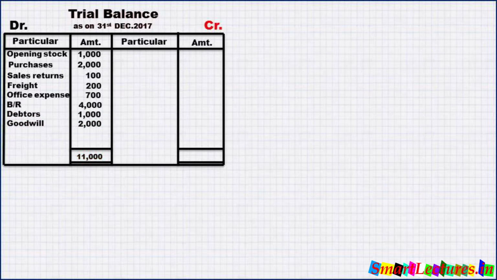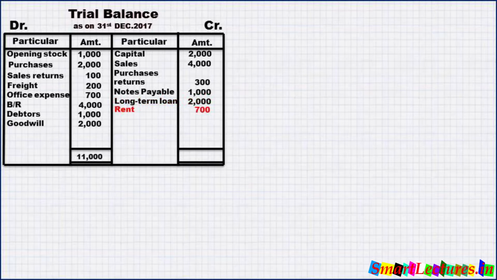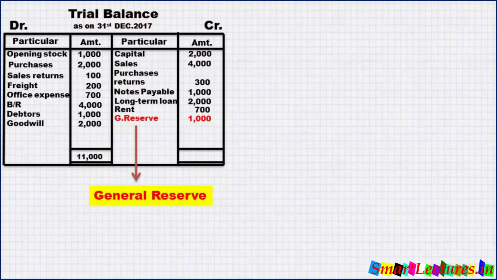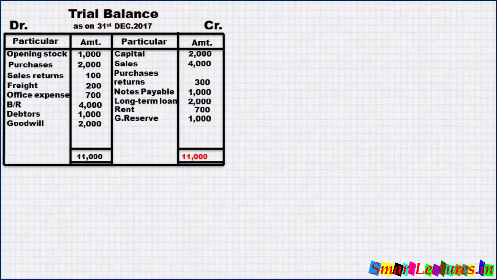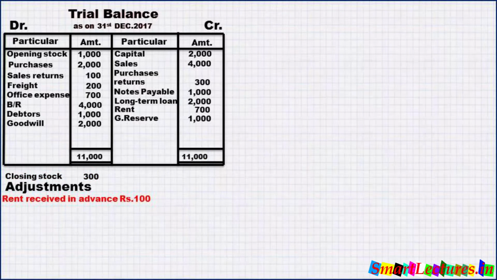And on the credit side, the credit balances of the trial balance: capital 2000, sales 4000, purchases returns 300, notes payable 1000, long-term loan 2000, rent 700, general reserve 1000, total 11,000. And below the trial balance, the items are closing stock 300, rent received in advance 100, bad debts 100.